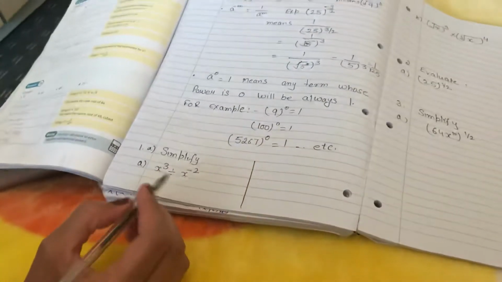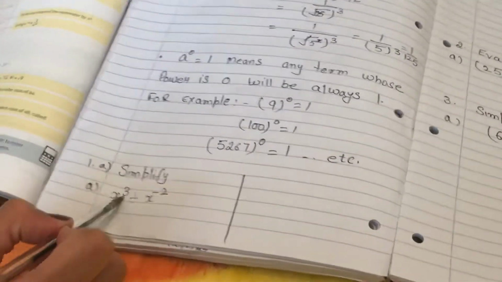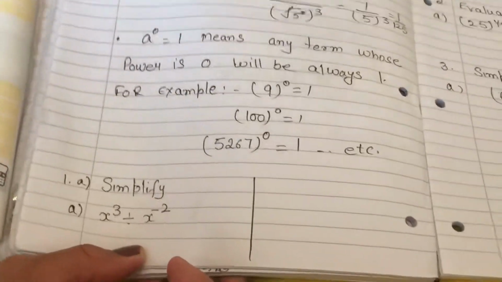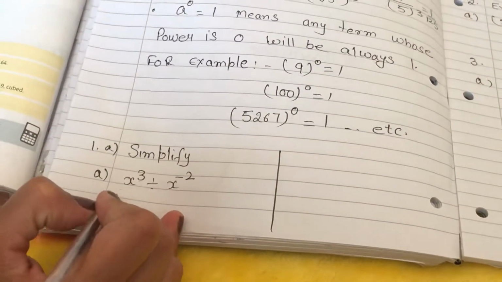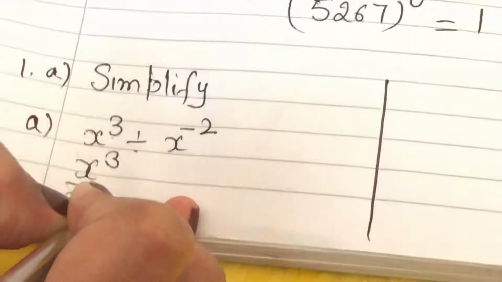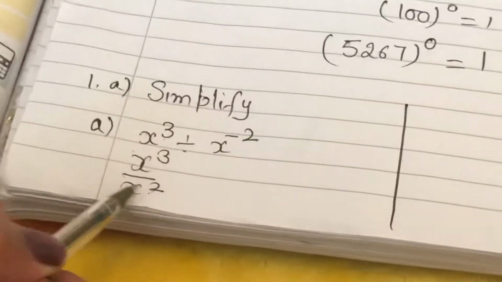First, simplify. Here what we have seen, x raised to power 3 divided by x raised to power minus 2. So we can write it like this, x cubed over x squared. Why is this x squared?